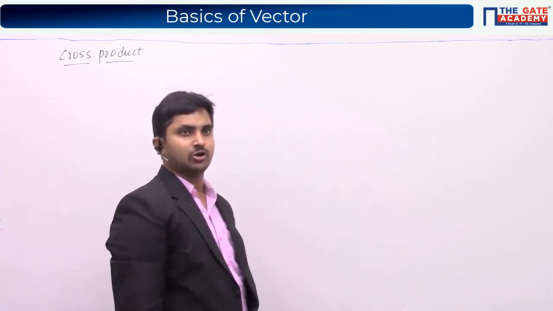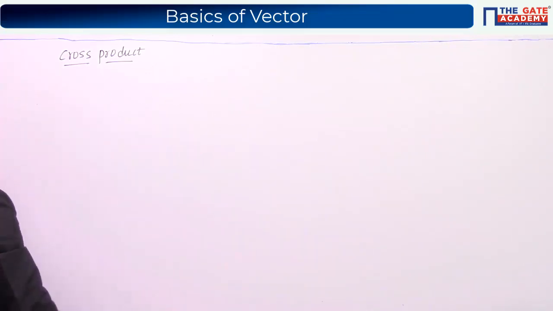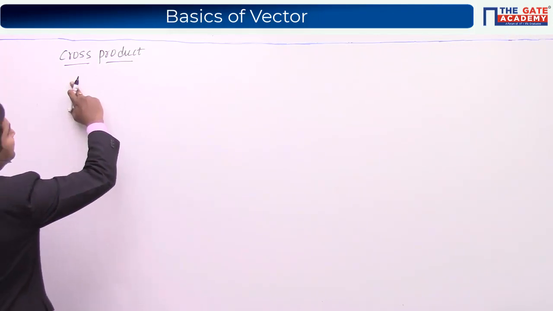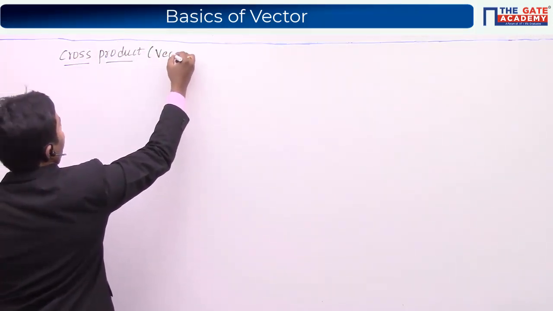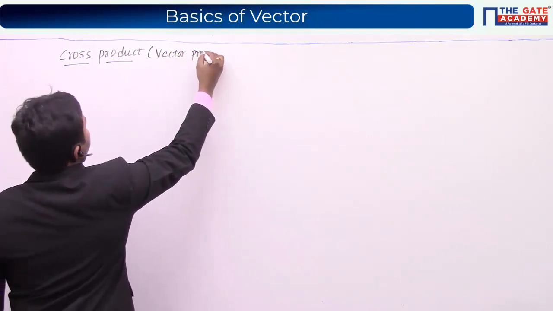Next we are going to talk about the cross product. Dot product is what we call a scalar product, and cross product is what we call the vector product.